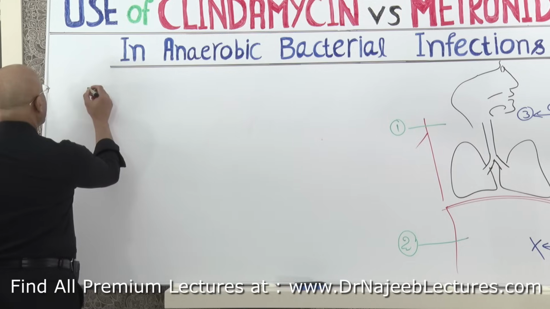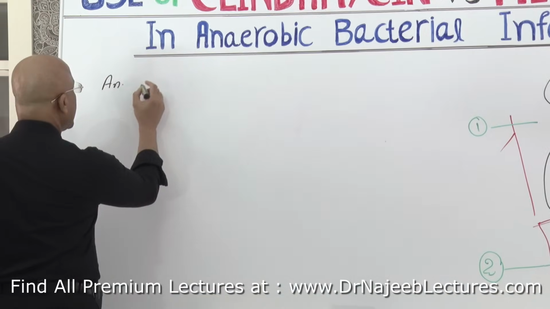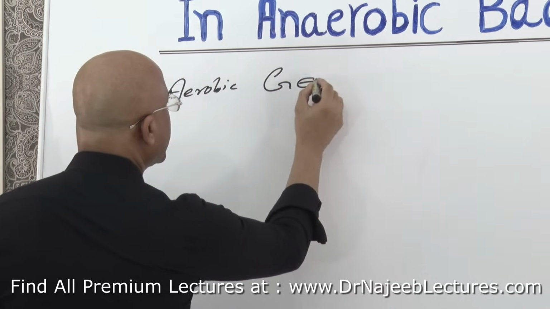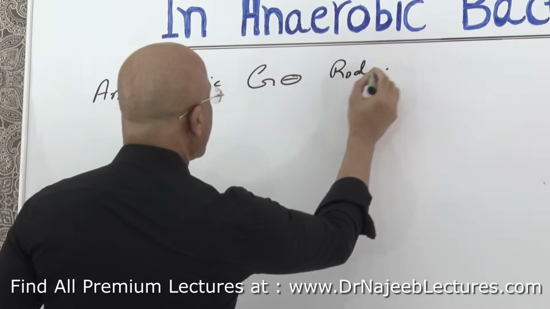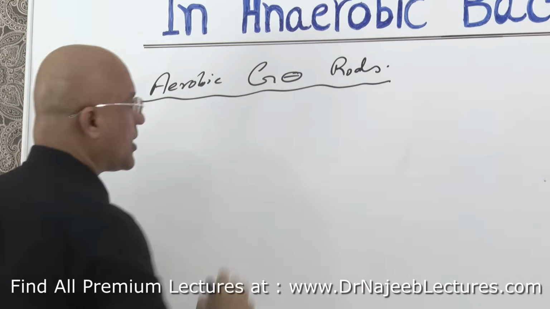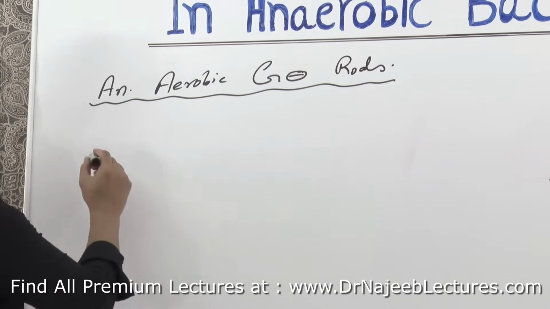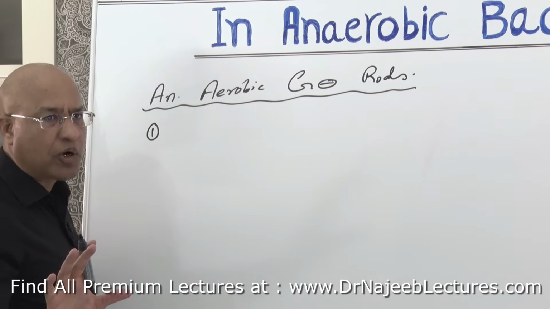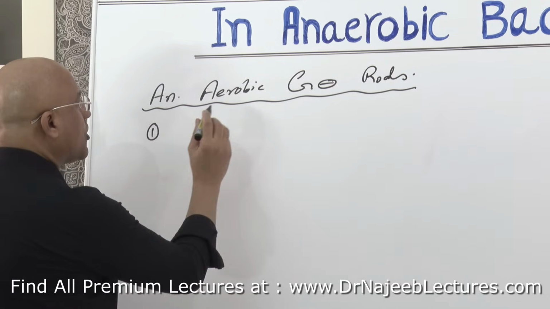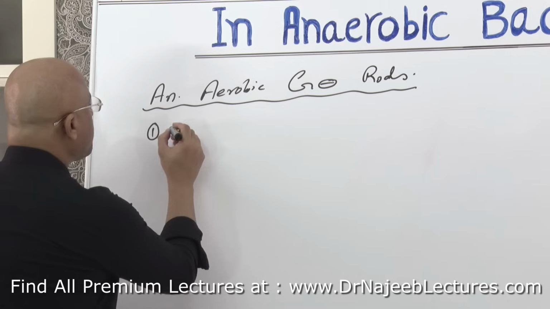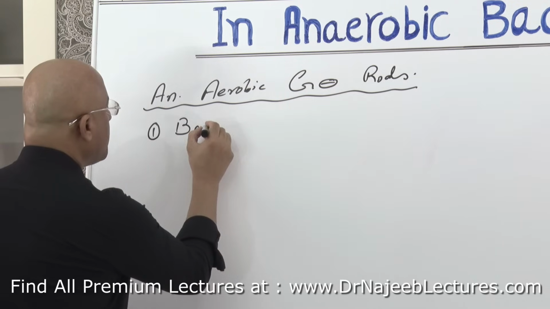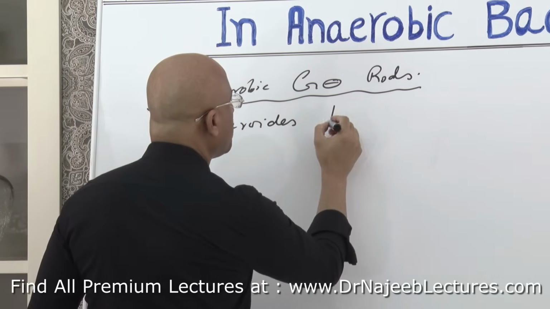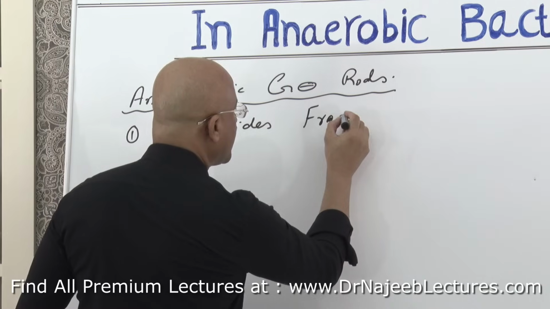First of all, anaerobic gram-negative rods. I will only write the clinically most important anaerobic organisms. The very important one is Bacteroides, and one of its very big groups is Bacteroides fragilis.